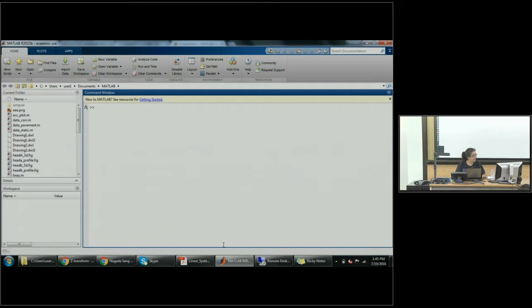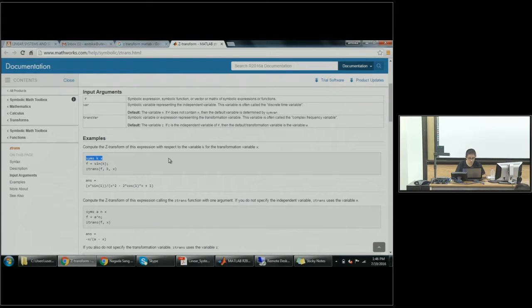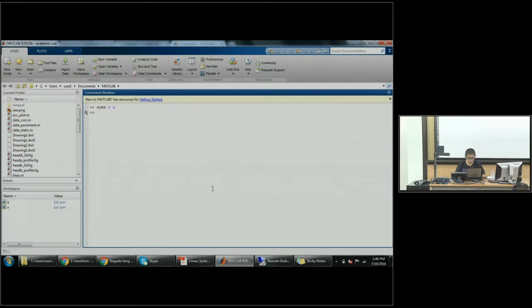So now k and x are defined as symbols. They're not variables. So you can actually write functions and expressions using these. You can't write functions and expressions essentially using variables. Sometimes you can, probably. And now let's define our discrete time function.